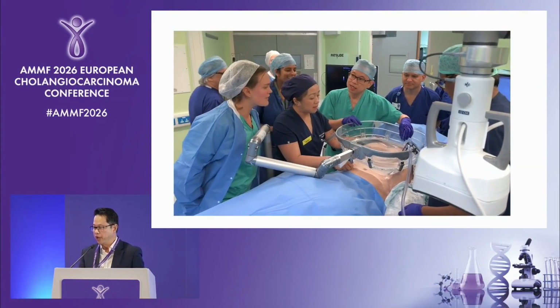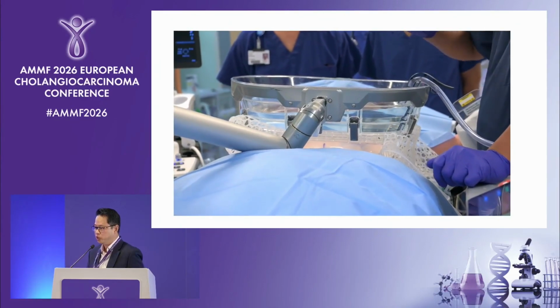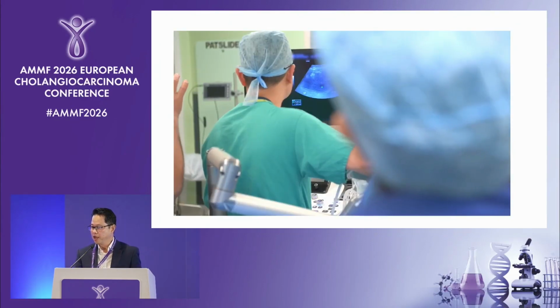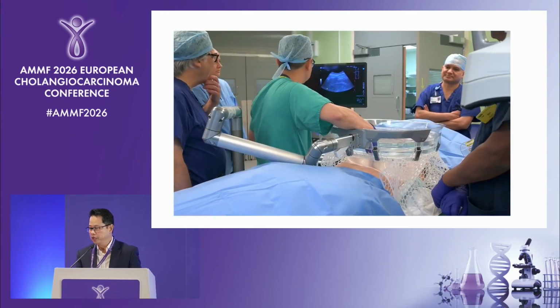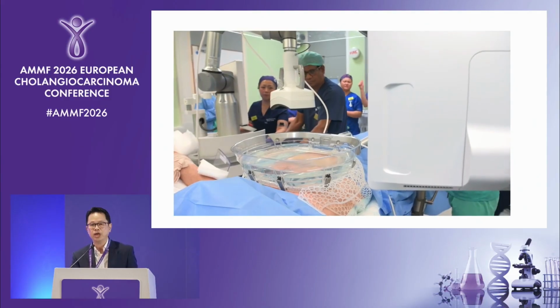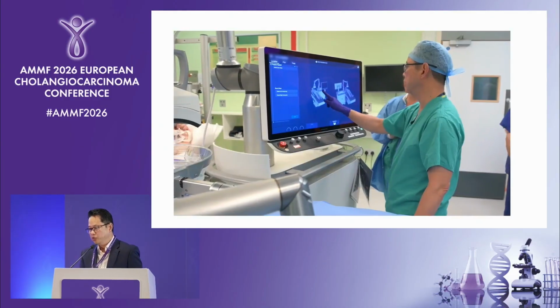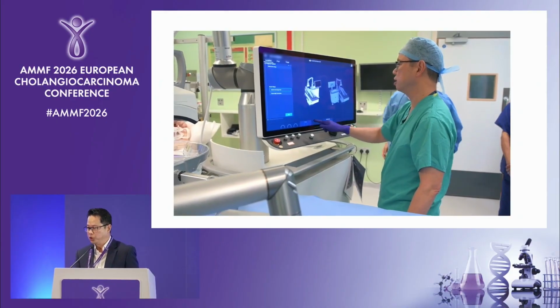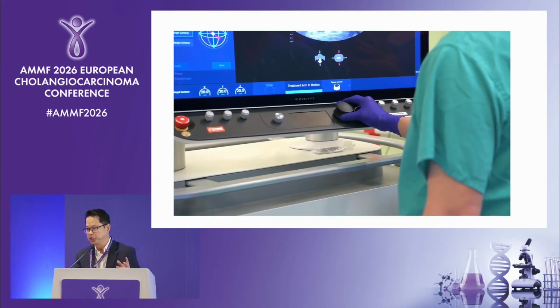And once we are happy with it, we'll bring this system in, which is the treatment head here. And I can also perform ultrasound, the standard ultrasound probe in the water, to make sure we can still see the lesion. And you bring this robotic arm, which is all controlled automatically in terms of the angulation.